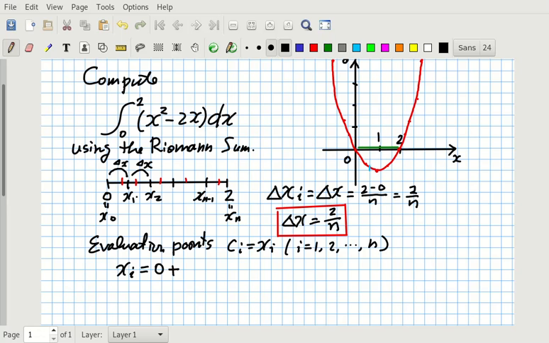So we can compute x sub i using delta x. Therefore x sub i is 0 plus delta x times i, so 2 over n times i. So x sub i equals 2i over n. Okay, now we get to the second step.